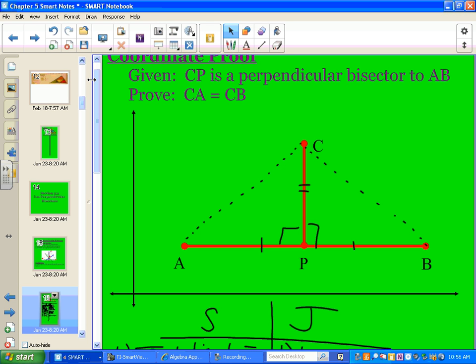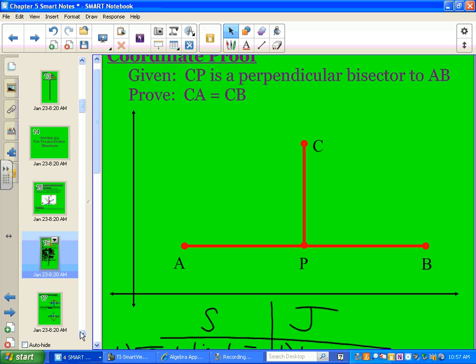What are A and B? Points A and B are angles? No. Here, let me get rid of this. We proved point C to be what? Edmund? From between what 2 points? A and B. We proved point C to be equidistant from A and B.